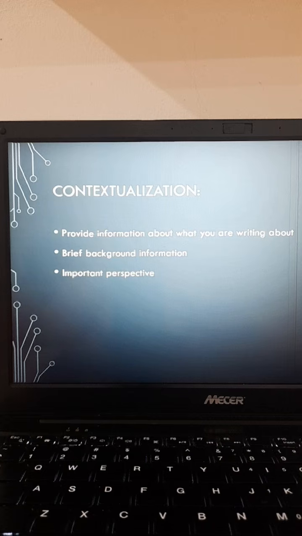You understand? So let's go to the body paragraphs. Remember, I know in history it says before you can write body paragraphs, the first body paragraph is the reason.